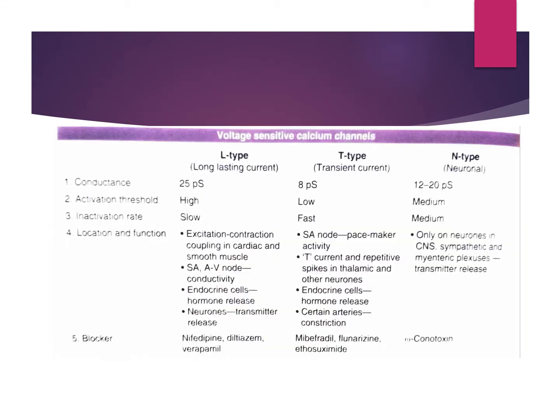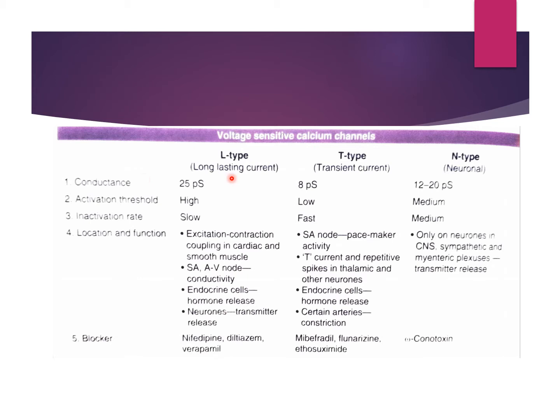Now coming to voltage sensitive calcium channels. Voltage sensitive calcium channels are majorly present in the heart. So let us discuss briefly the different types of voltage sensitive calcium channels. As we have discussed earlier, they are divided into three types: L-type, T-type and N-type.